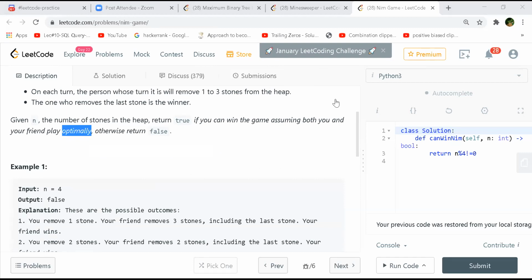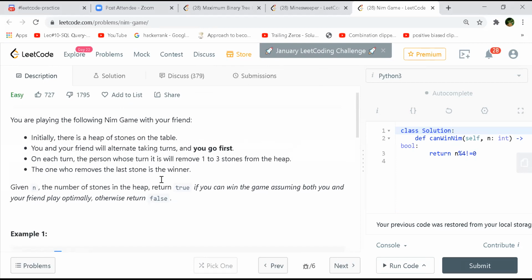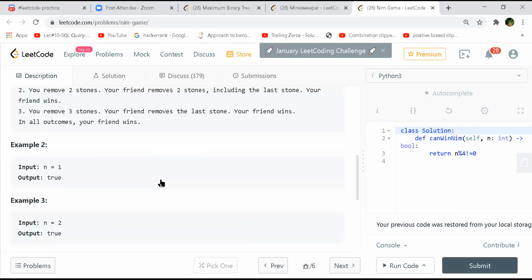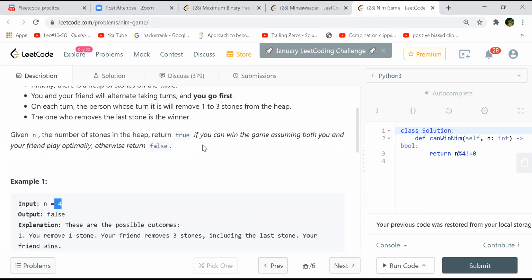The last is like if you just take the remainder of it, and if you are not left with anything, that means you won. But that's not good. I mean, what do you say? What do you mean by remainder? I remember what they are saying. If you are the last one to remove the stone, right? How do you win the game?